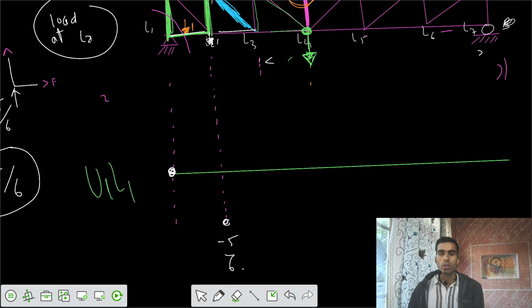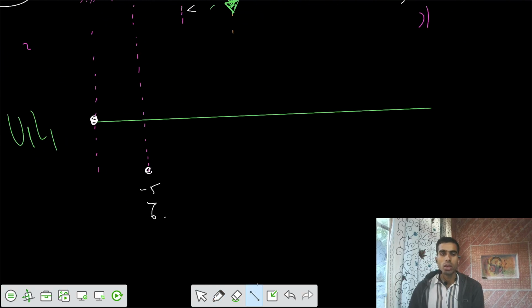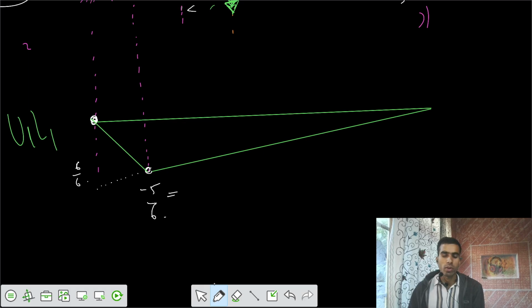Then once we have the two critical points, what do you have to do? You have to join them by a straight line to the ends. Had there been any value here, it would have been equal to 1, that is 6 by 6. We can also write this value in terms of a by l and b by l. This value is b by l, and this value is x by l, because your x value here is 0, so this ordinate is 0.